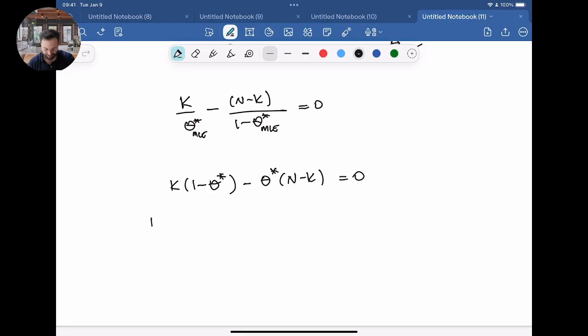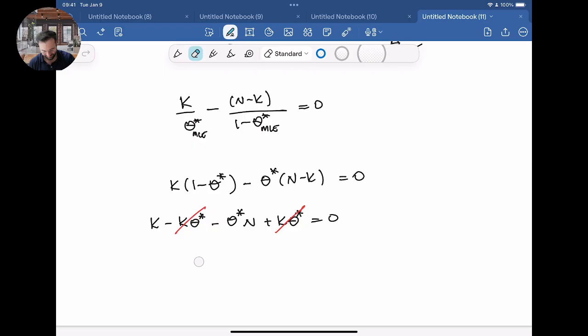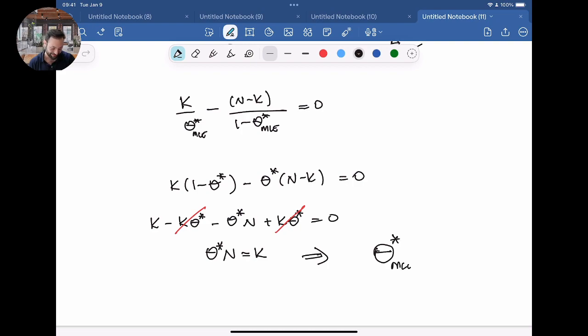So let's make it k minus k theta star minus theta star n plus k theta star is equal to 0. When I see this, I'm so happy I can eliminate these guys. So let's send the k to the other side. So theta star n is equal to k, and my theta star, therefore, now I can write, MLE is equal to k over n.